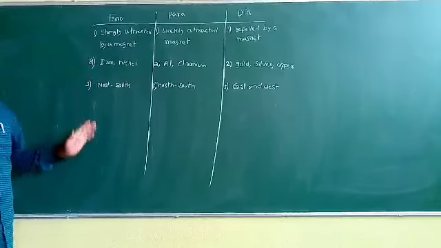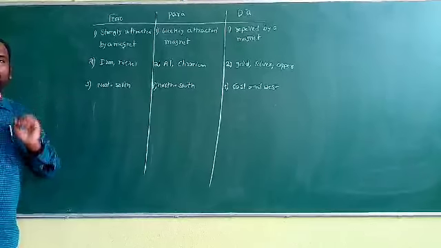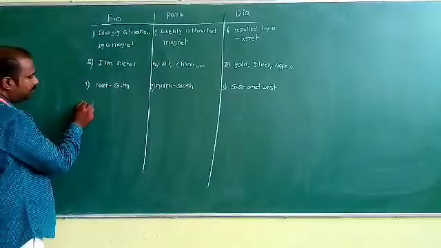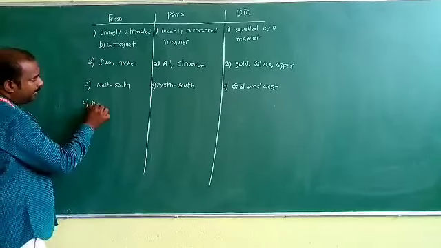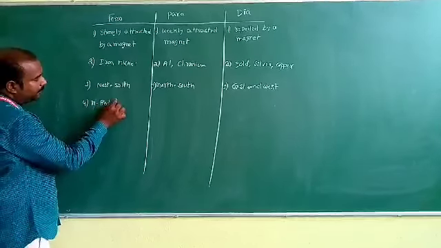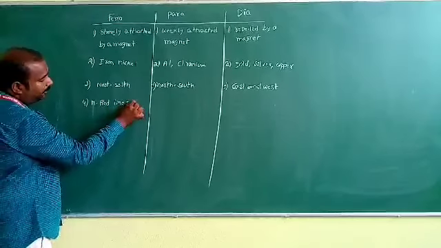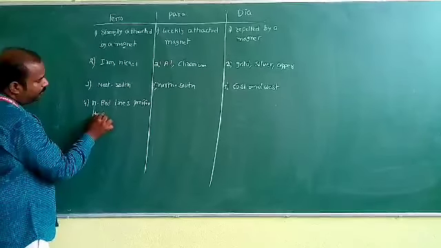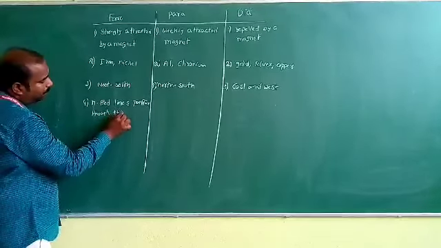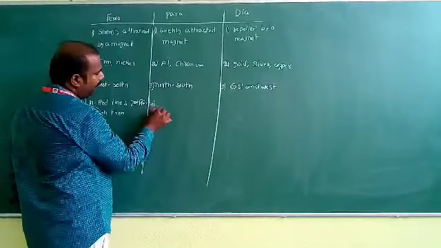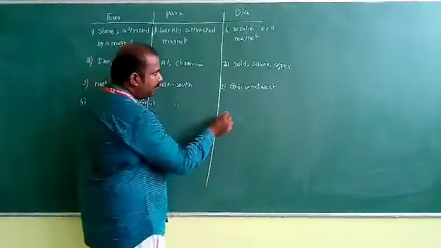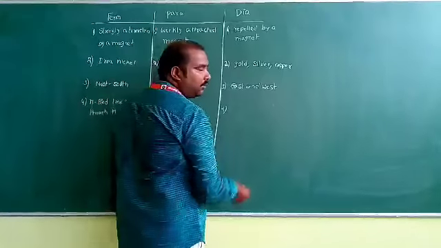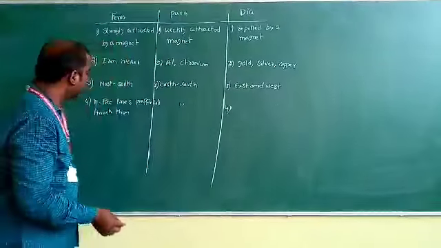Now, if the ferromagnetic substance is placed in a uniform magnetic field, the maximum magnetic field lines prefer to pass through them. Here also the magnetic field lines prefer to pass through them, but here the magnetic field lines do not prefer to pass through them.